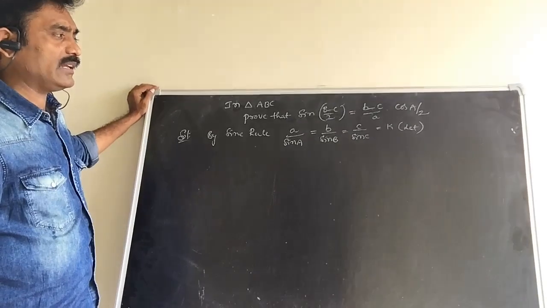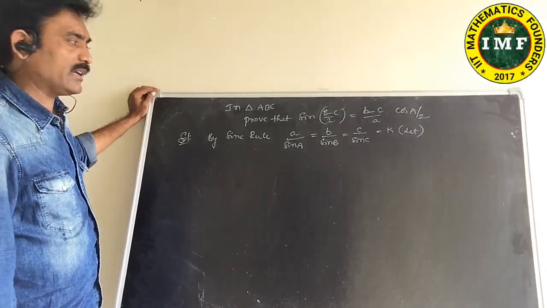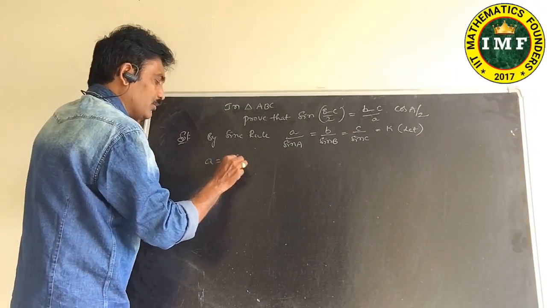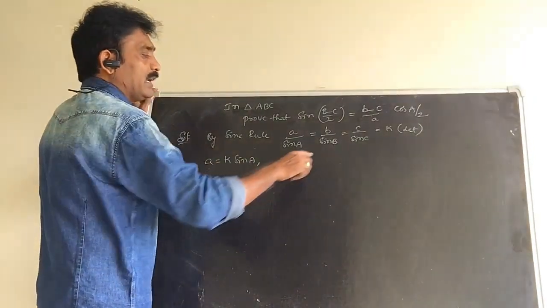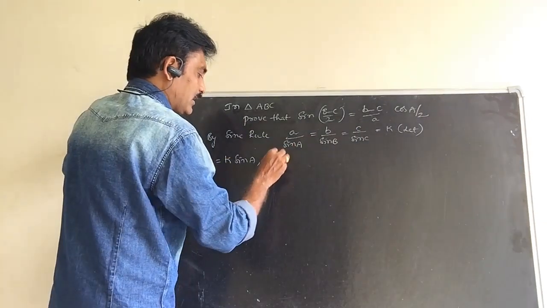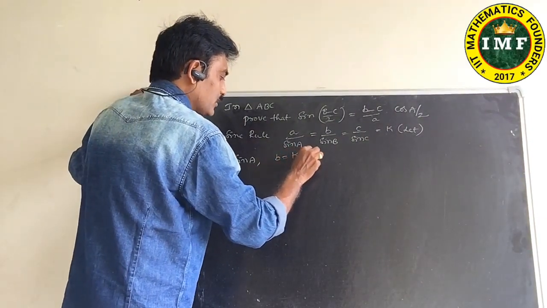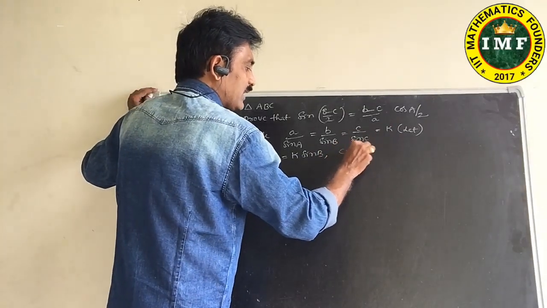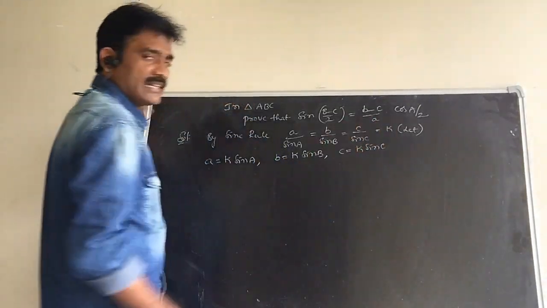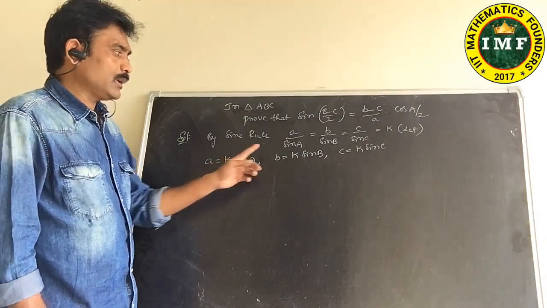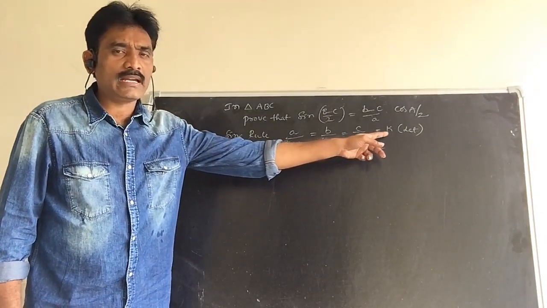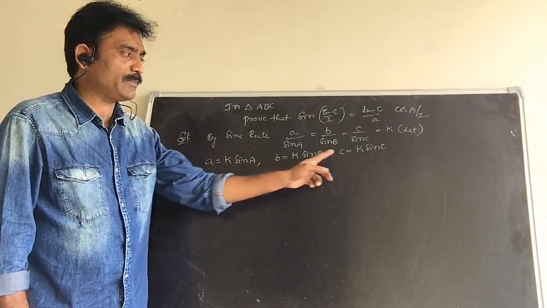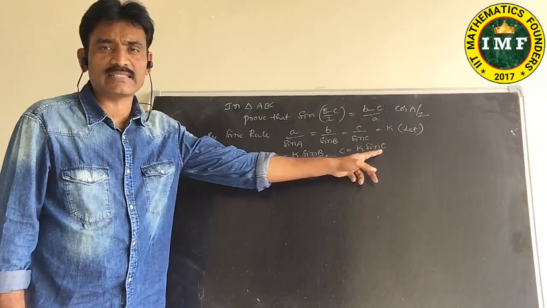So a by sin A equals k means a is equal to k sin A. Similarly b is equal to k sin B, and c is equal to k sin C.